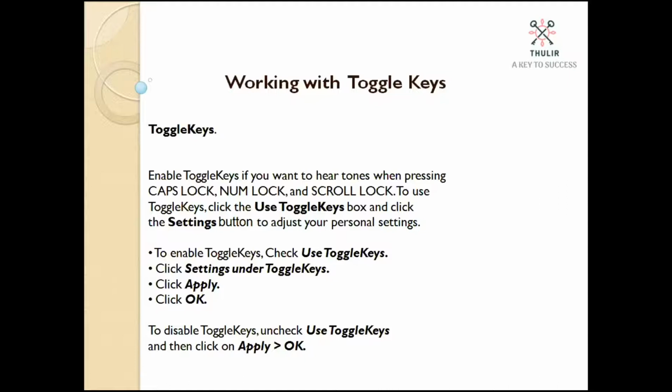Whenever you use those particular toggle keys, you will hear a sound. So when pressing Caps Lock, the person using this computer will hear a sound. So he can understand that Caps Lock or any toggle key is on, right? To disable it, when you uncheck it, you can easily disable that.